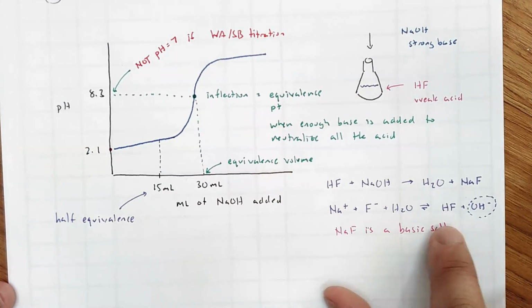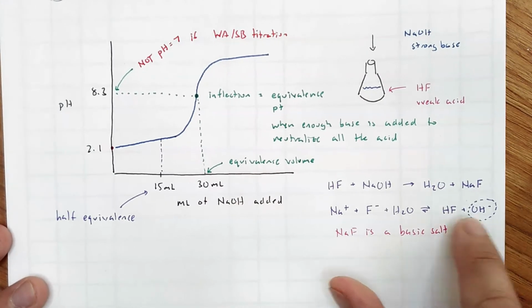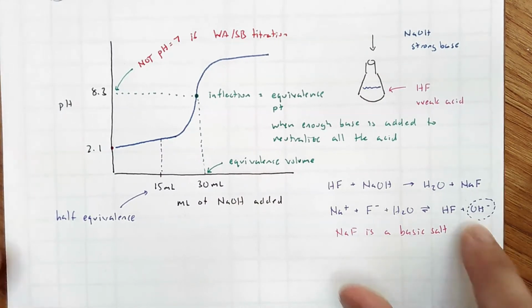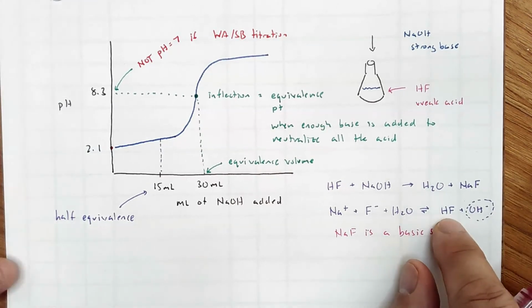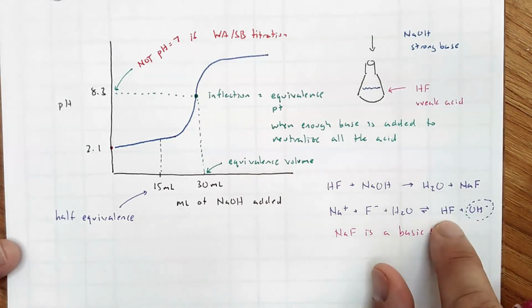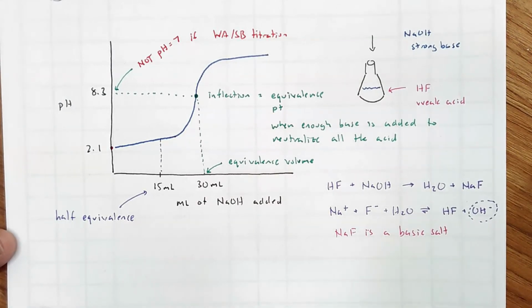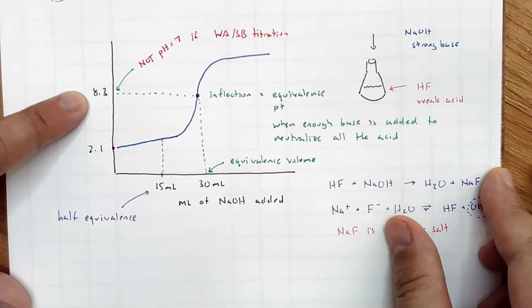Because when you form the weak acid, that proton is sequestered and you have extra OH minus, okay? And we don't have any more acid, but we do have an acid, but it's weak. So we're not going to neutralize all of this OH minus. So that is a basic pH.